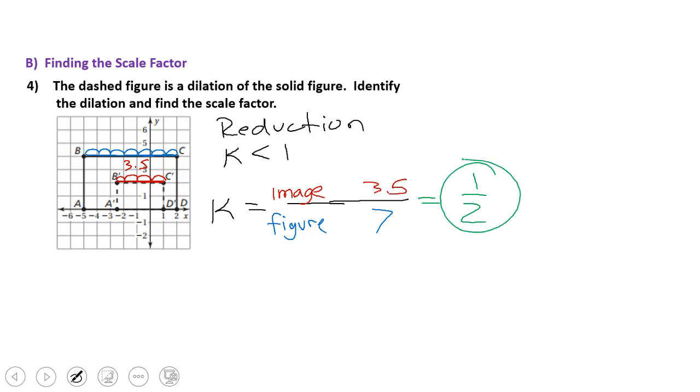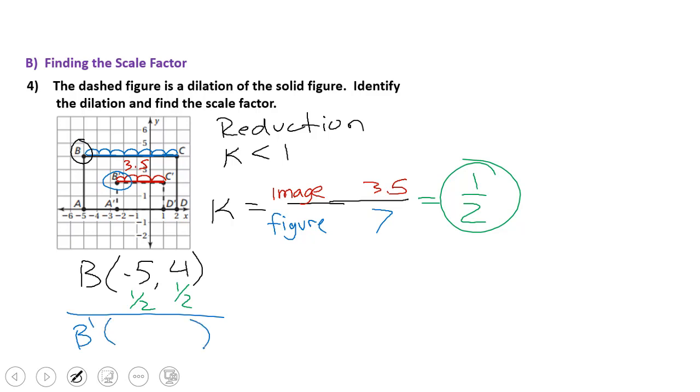Let's see how that works actually. So here I'm going to go to point B. So my coordinates of B are -5, 4. That's where B is located. If I multiply by my scale factor of 1/2, then what am I going to get? Well, at B prime, that will give me my new B prime coordinates.